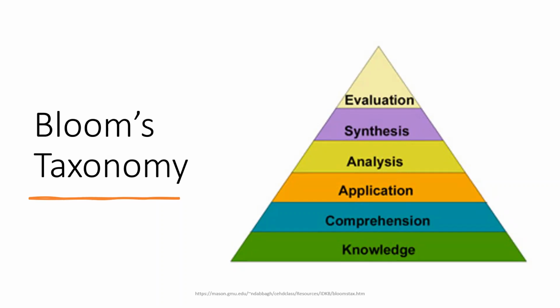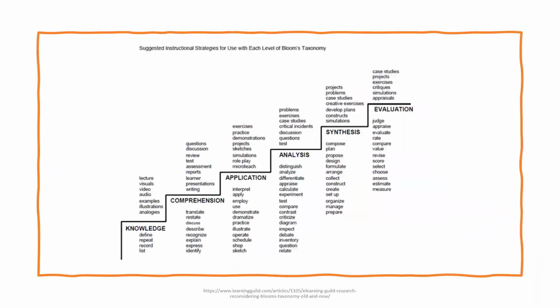So the framework categorizes cognitive skills from the lower order thinking skills at the bottom to the higher order thinking skills. Each of the categories contains subcategories ranging from simple to complex and concrete to abstract, but it is most commonly remembered according to the 6 main categories of knowledge through evaluation.